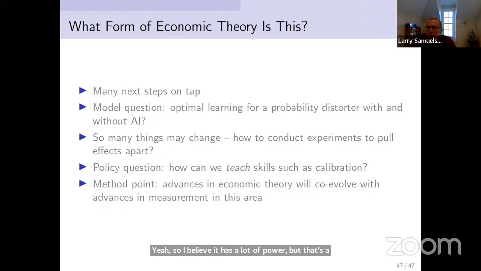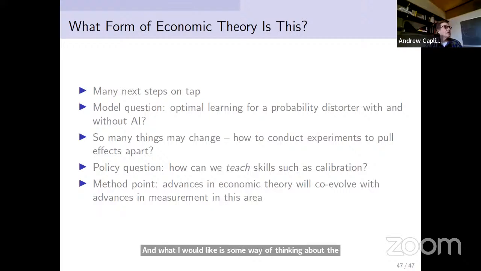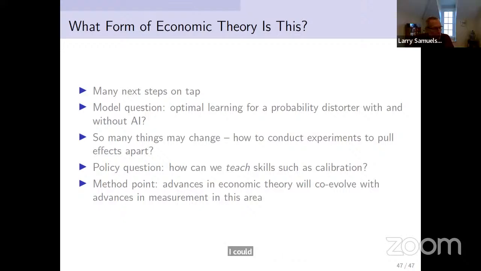What I would like is some way of thinking about the economic differences. I could imagine that I have a model that, with enough data, I can, with extraordinary confidence, reject as being incorrect, but it's economically close enough that it's worth using, even because of its parsimony. And that's a trade-off I'd be interested in.